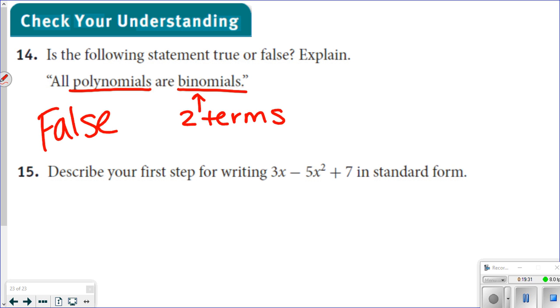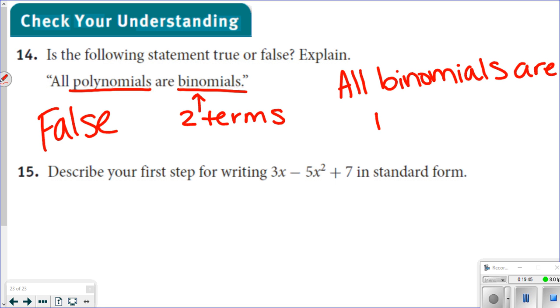We could have 1 term, 3, 4, 5, etc. So this is false. But we could change it around. All binomials, everything with 2 terms, are considered polynomials. This would be a true statement. But all polynomials are binomials would be false.